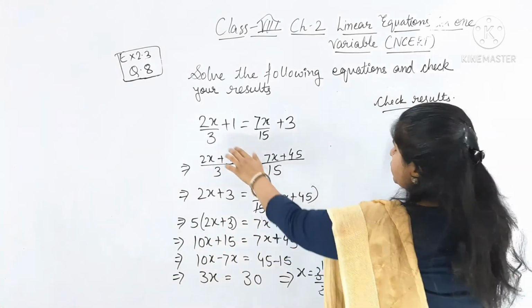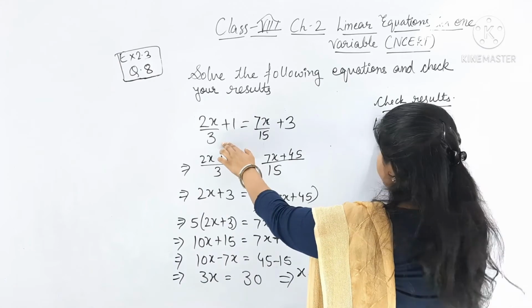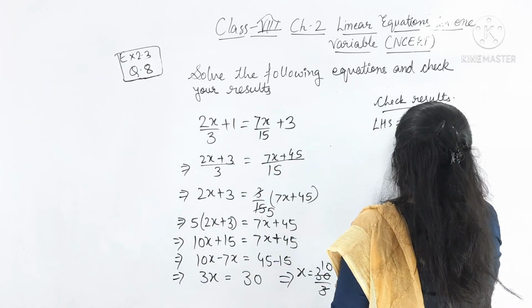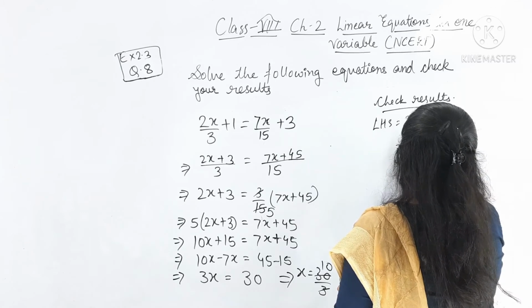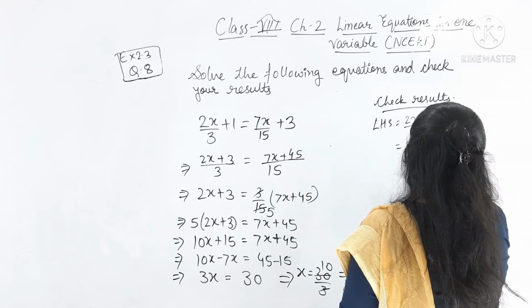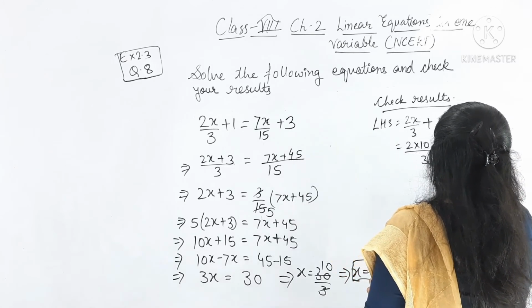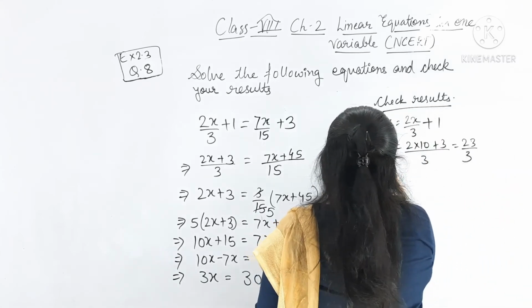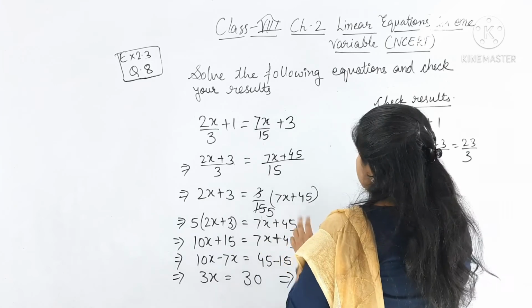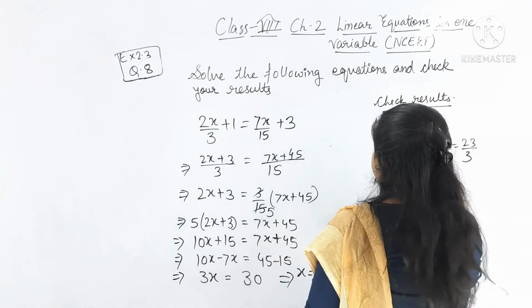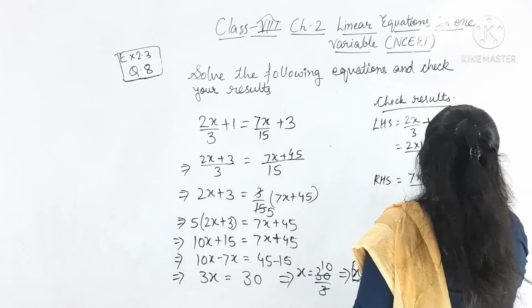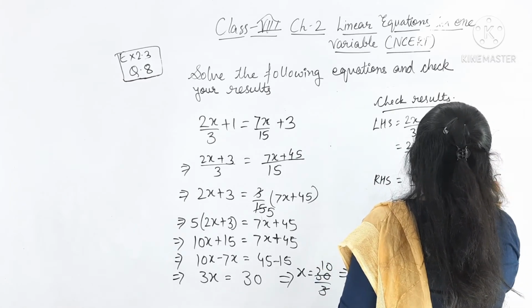We have to substitute first. LHS equal to 2x by 3 plus 1, that is 2 into 10, 3 is LCM here, plus 3. Okay, so 20 plus 3 is 23, divided by 3 I am getting. Now RHS is 7 into 10 plus 45 upon 15, 70 plus 45 divided by 15.